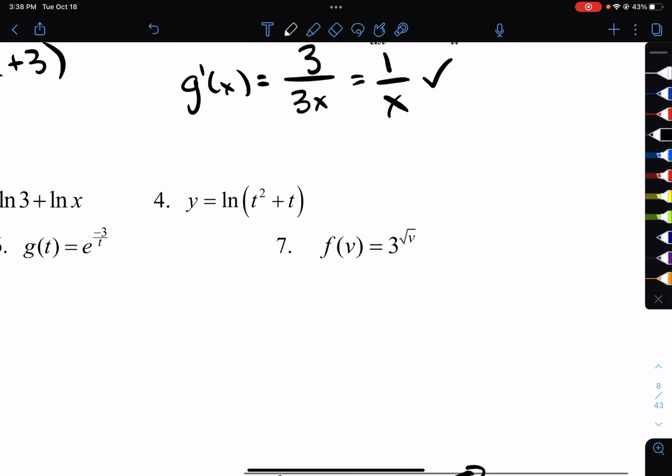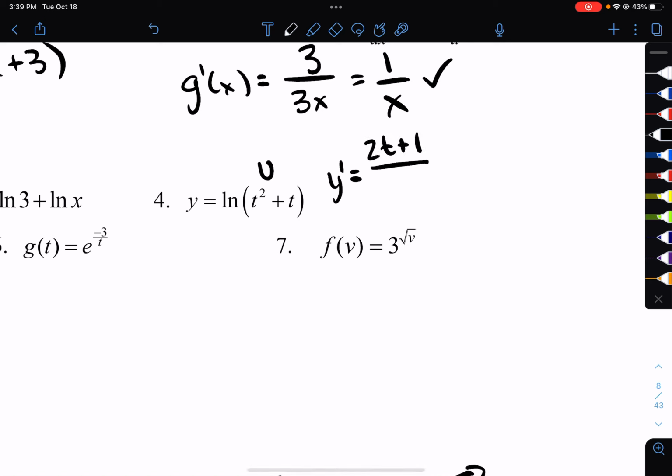Let's look at number 4. Number 4 says y equals the natural log. And again, instead of just the natural log of x, I'm taking the natural log of t squared plus t. So my formula is going to be, this is my u, right? So my formula for y prime says to take the derivative of the inside, the u, and put that on top.